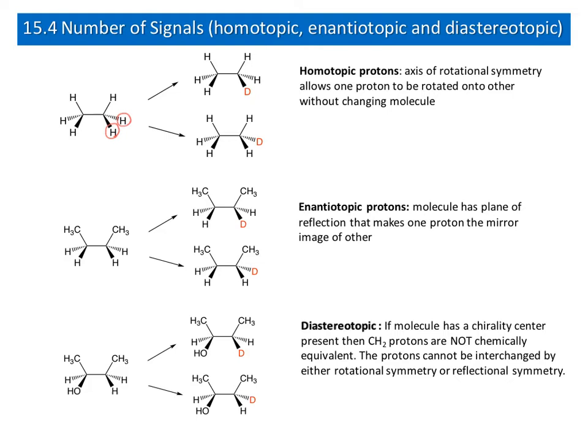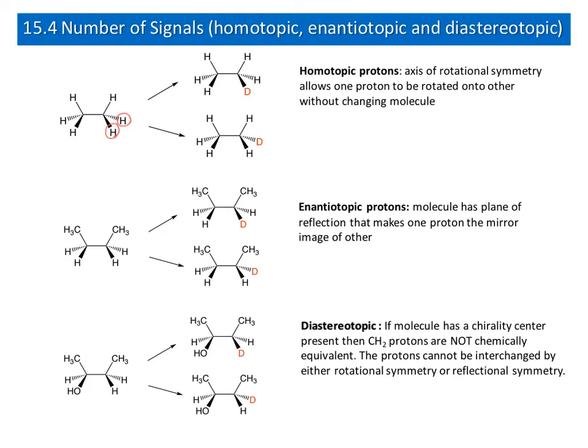We can take one of these protons in wedge and convert it to the deuterium, and take the proton in dash and convert it to deuterium. Now we need to examine the relationship between these two molecules. We can see this carbon here, even with deuterium, is not a chiral carbon. So we didn't form a chiral carbon here.